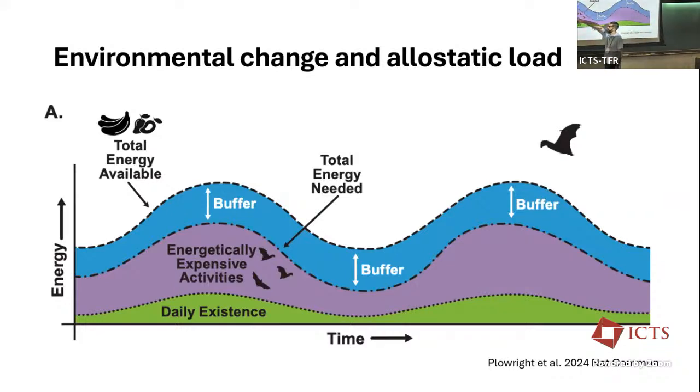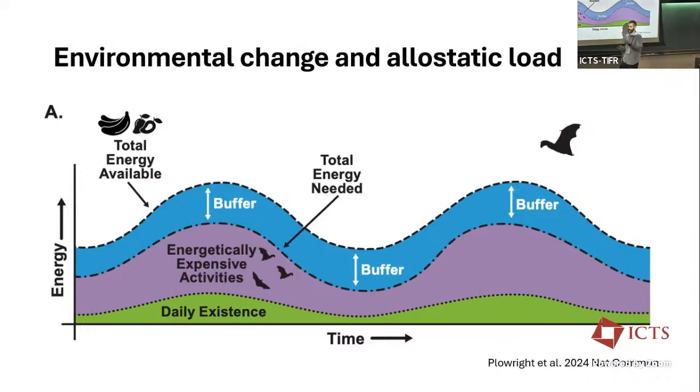You also have these other activities that you might have to do. Oh, sorry, this is the demands. So green is what you need to do. The purple stuff is some other additional things that you might do in your life, right? So mating, migration, and for birds, molting is a very energetically taxing activity. Those may happen during certain periods of the year where there's enough food for them.